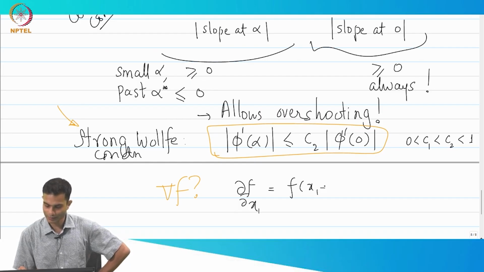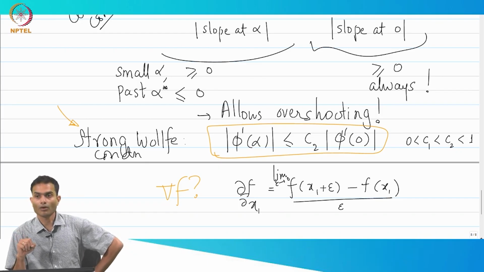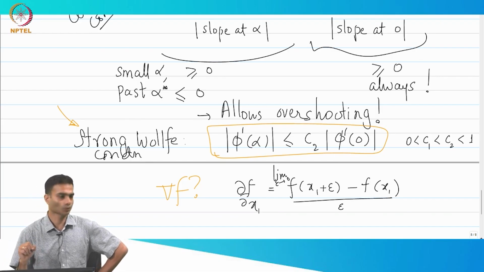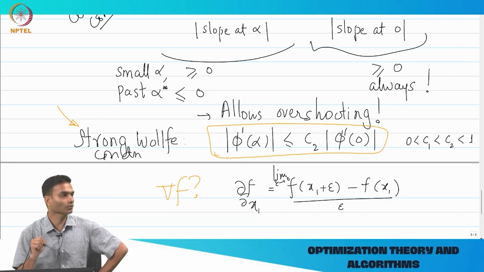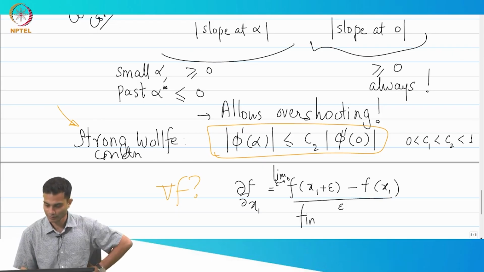F of x1 plus epsilon minus f of x1 divided by epsilon, and of course limit epsilon tends to 0. On a computer I can evaluate this very easily. I mean, not very easily, but I know how to do it. I need to know x1, I need to know x1 plus epsilon, evaluate the function at that point, take the difference, right? So this is called finite difference.